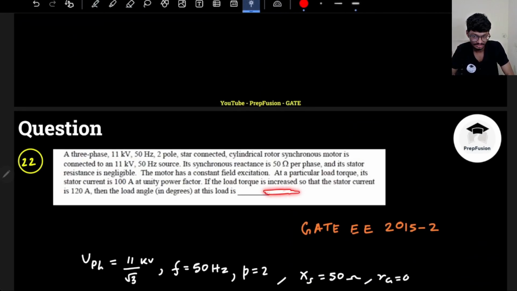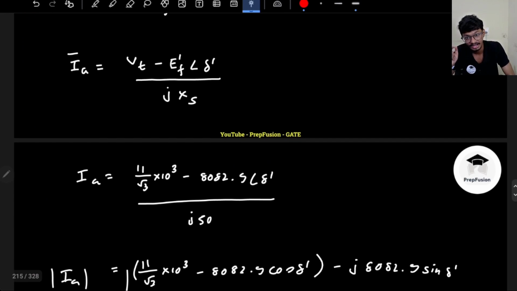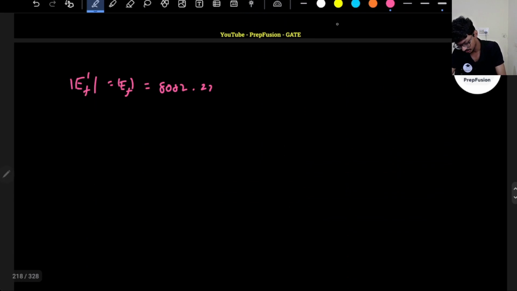If the load torque is increased, that means the power delivered has to be increased. If the power has to be increased, keeping the same excitation, what will happen? Do you remember it? Again the graph will come into the picture. This is the graph of power factor for a motor.